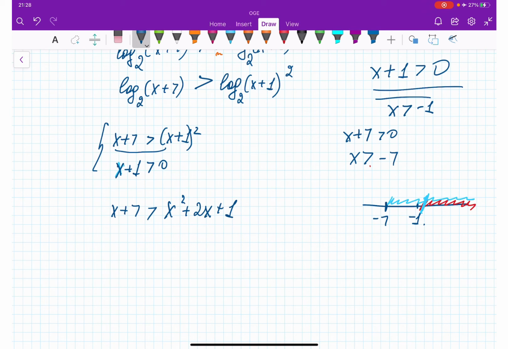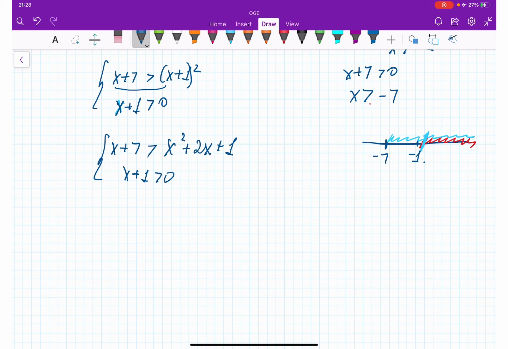Well, and x plus 1 has to be greater than 0, we already know. Okay, let's move everything to one side. We get negative x squared minus 2x minus 1 plus x plus 7, and this is greater than 0.